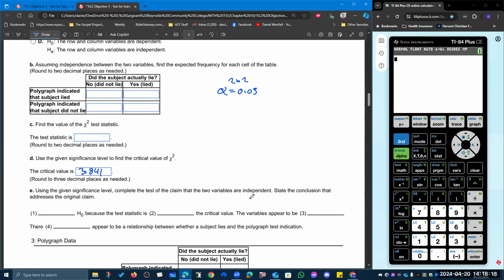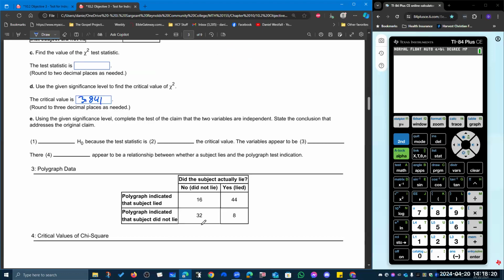I'm going to enter this into the calculator. This is just the easiest way, in my opinion, to do this. Go into your matrix menu, make a 2 by 2 matrix to represent this table, and enter the values: 16, 44, 32, and 8.